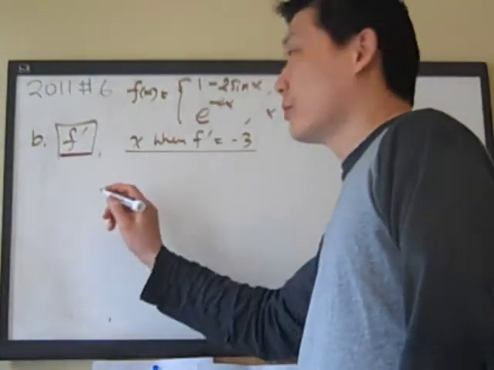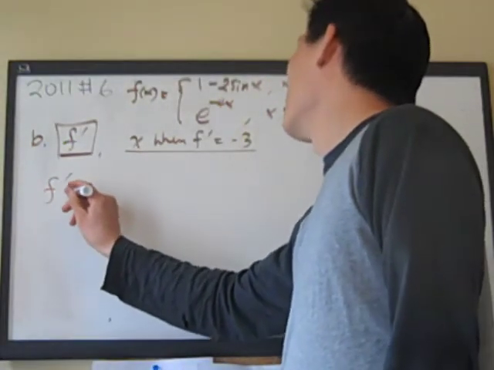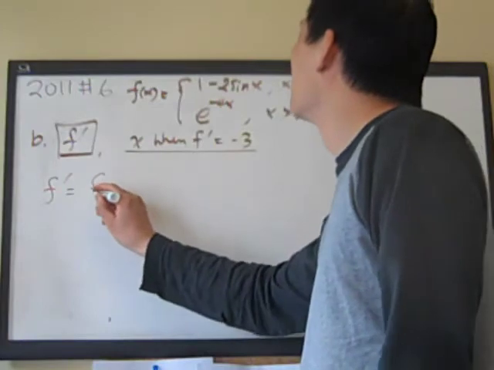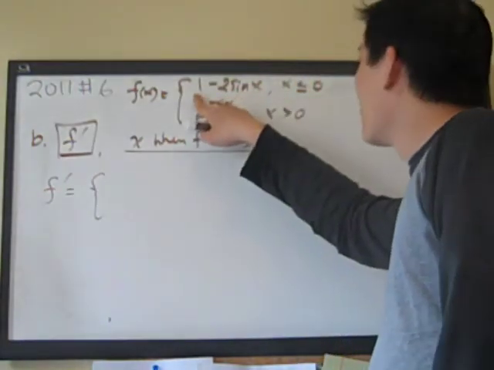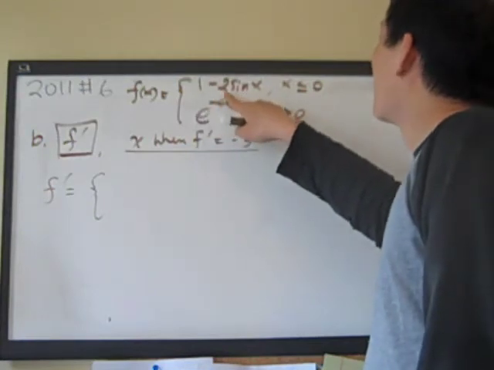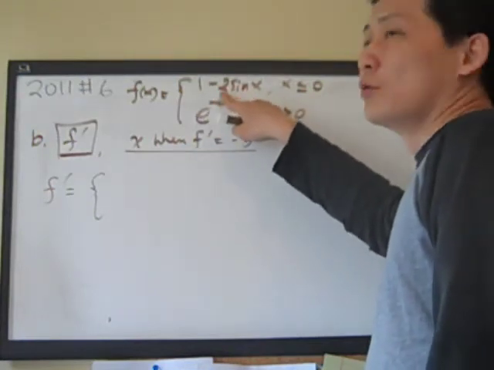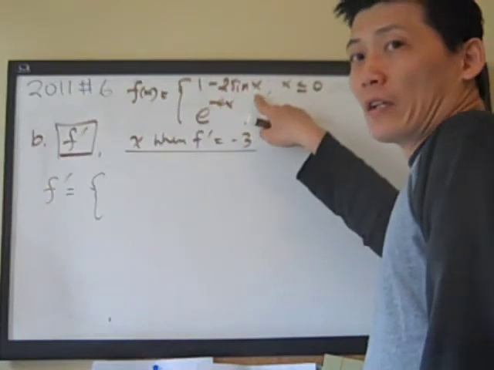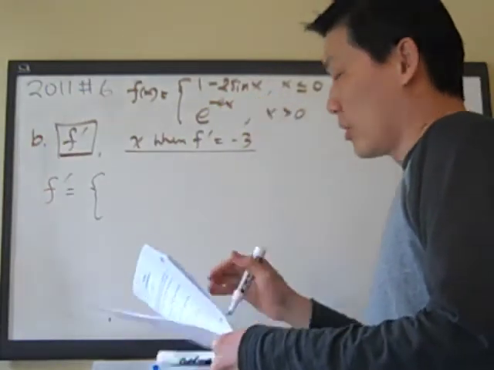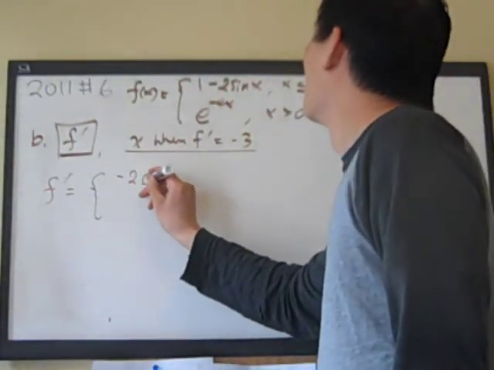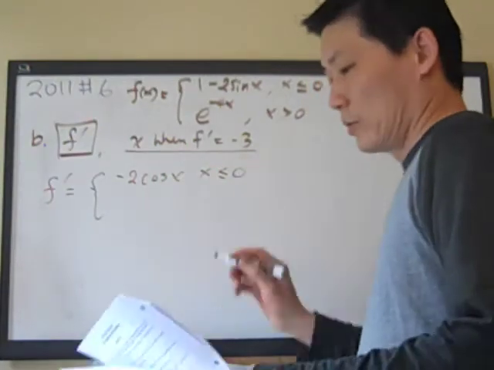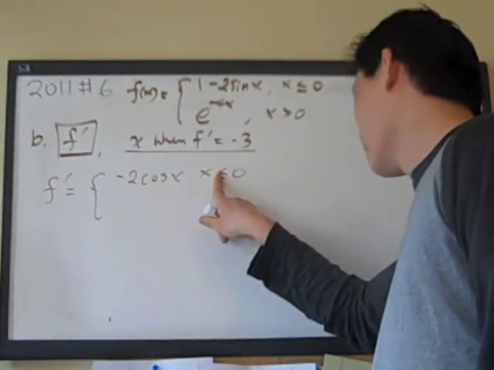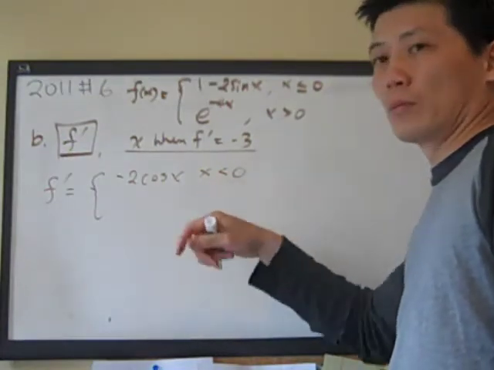The first part is very easy. f prime is equal to, we take the derivative. The derivative of 1 is 0. The derivative of -2 sine x is -2 cosine x, for x less than 0. In fact, not less than or equal to, because x cannot be 0.